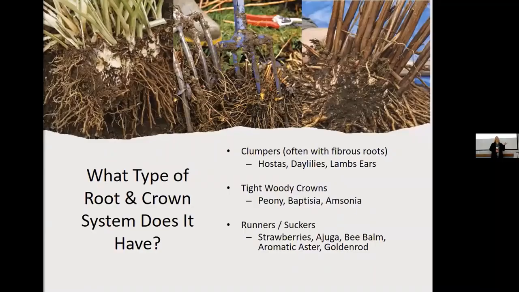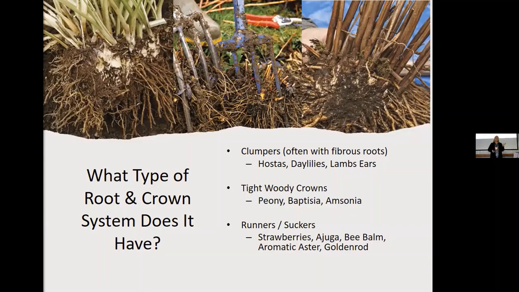The second question is, what type of root and crown structure does the plant have? And this matters because it'll tell you kind of what types of tools you need to use for dividing. And there are basically 5 types of root and crown structures for perennials.